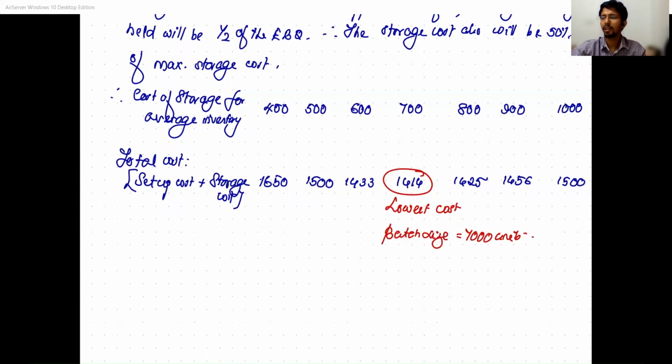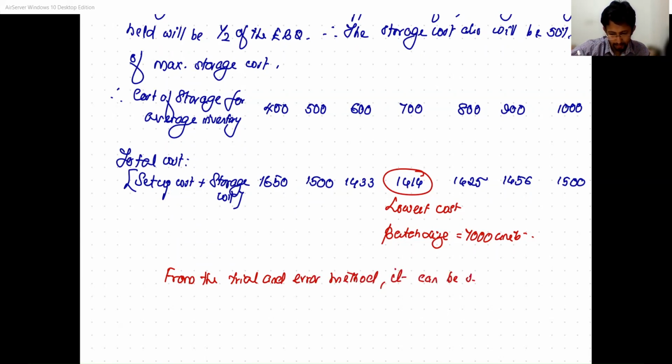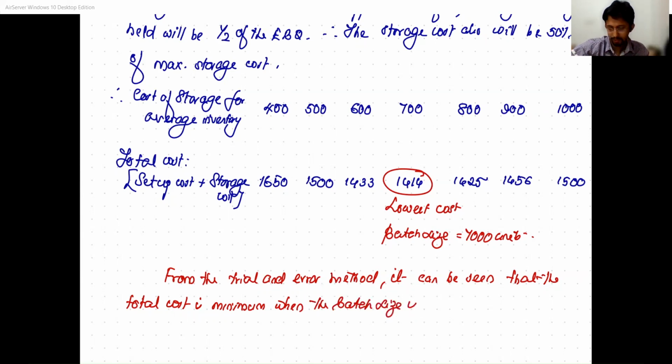So what you can write is, from the trial and error method, it can be seen that the total cost is minimum when the batch size is 7000 units, that is at rupees 1414 per annum. Okay, so 7000 units or liters.